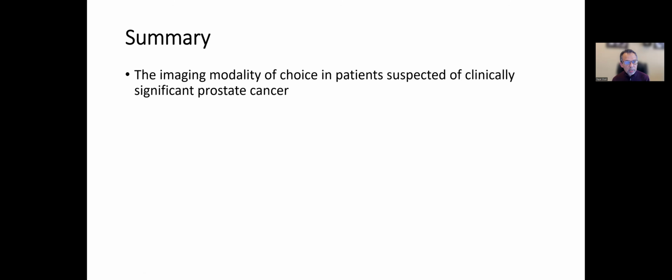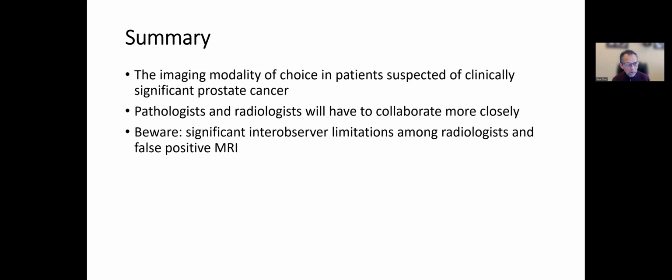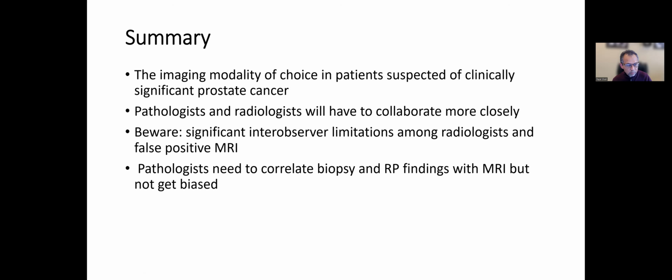So in summary, multiparametric MRI is the imaging modality of choice in patients suspected of clinically significant prostate cancer. It's clearly a game changer now. But with this adoption, both pathologists and radiologists will have to collaborate more closely. At the same time, beware that significant inter-observer limitations also exist among radiologists, and you can have false positive MRI.